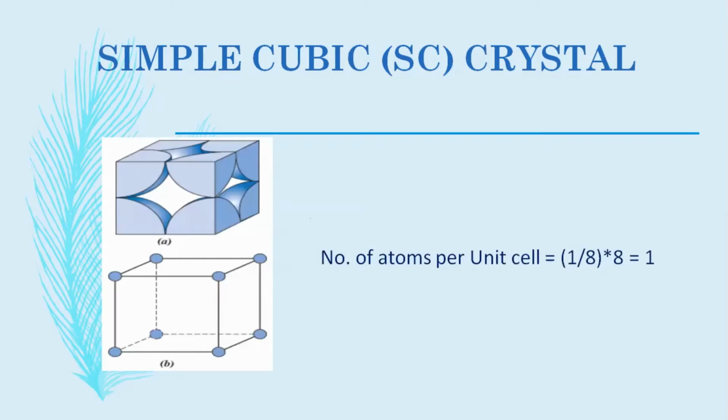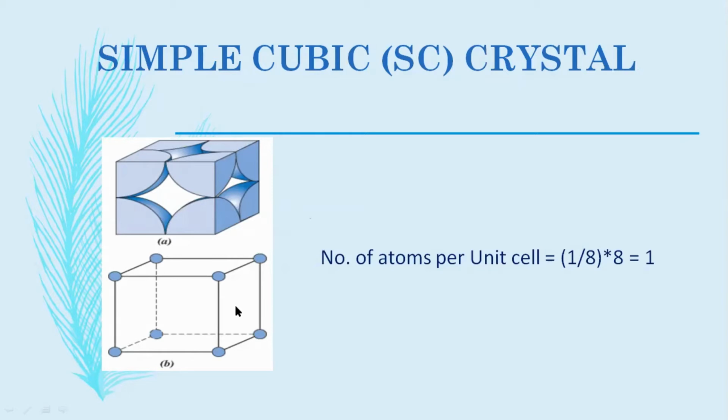Okay. So if you consider a simple cubic structure, it looks like this. You have 8 atoms at the 8 corners of this cube. If you have a close look here, you can find that only one eighth of any atom is included inside this cube.